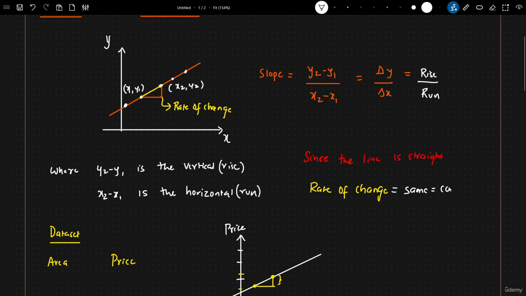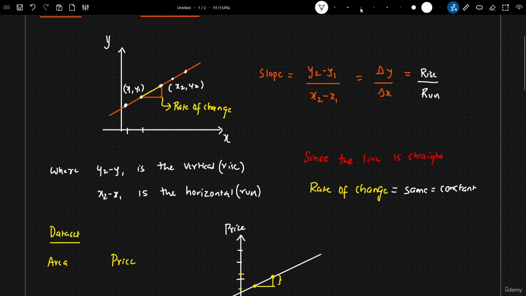It will be constant. Here you can clearly see that because it is a straight line. With respect to every unit that I check, what is the rate of change? It is going to be almost similar. So here also it will be same, here also it will be same, because this is a complete straight line.